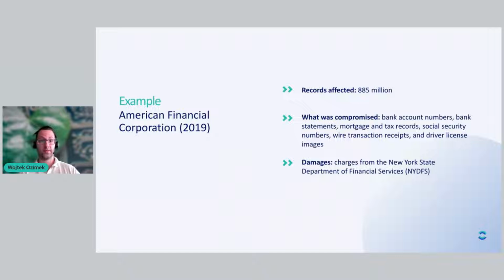But if we take American Financial Corporation, you can see here a little bit of details related to this specific data breach, right? So you can see there were almost a billion records affected in the database. First of all, let me maybe step back and say that American Financial Corporation is a huge insurance corporation, right? So we're talking about banking and insurance. Obviously, in this specific sector, as we understand, data is critically important, right?